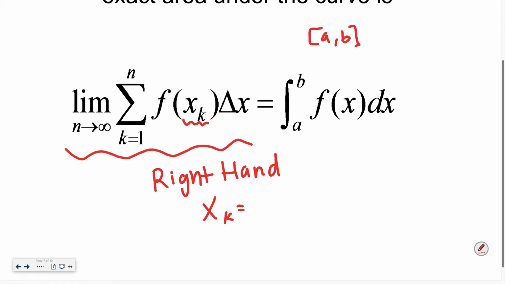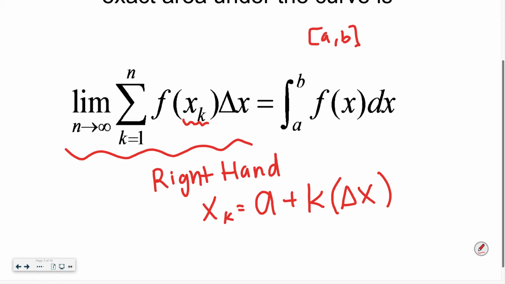So I want you to write this down. Wherever you have this right here, I want you to write this down. When we do our right-hand approximations, we take A and we add delta x, and then we add 2 delta x, and then we add 3 delta x, and then we add 4 delta x.